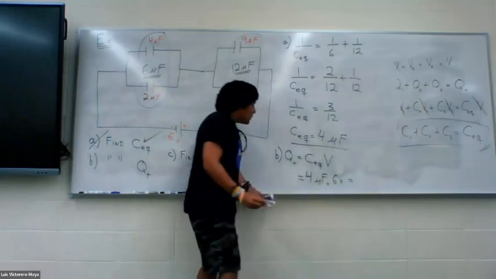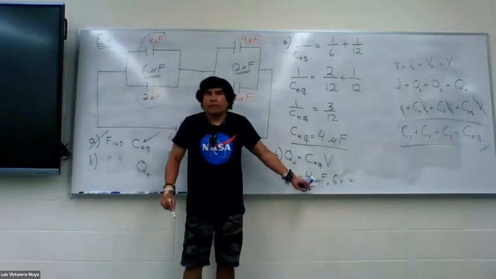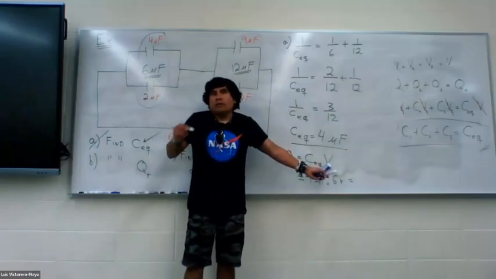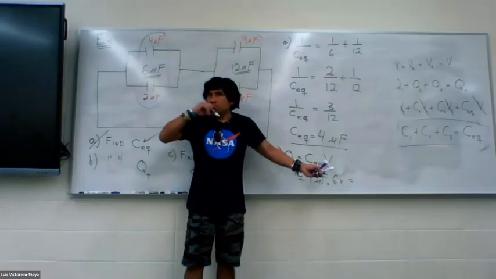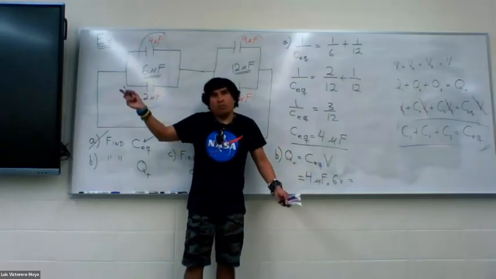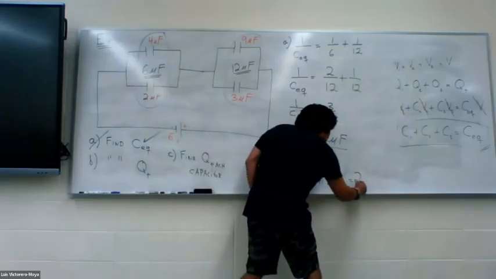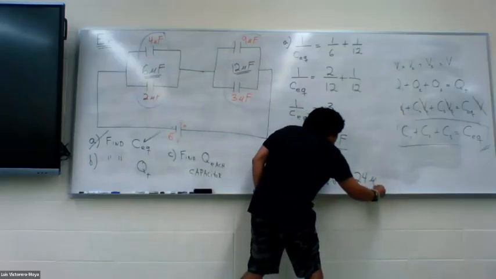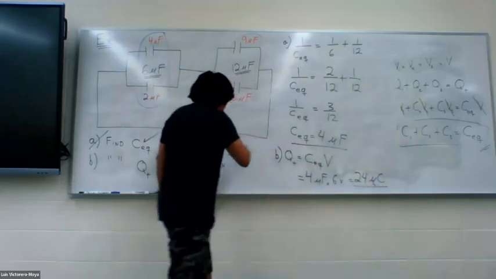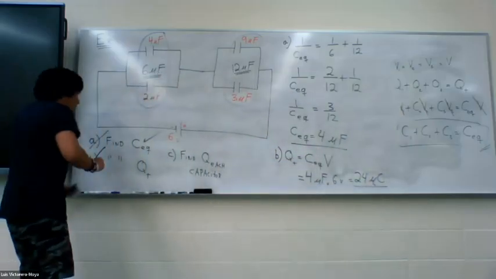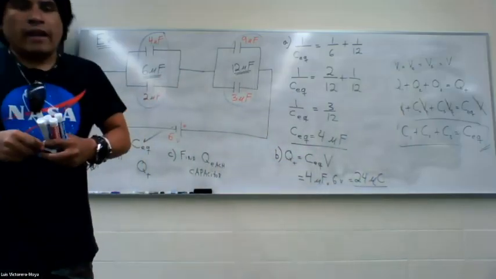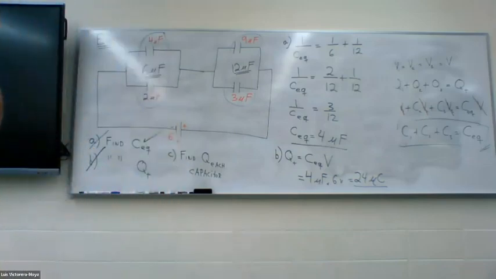All right. If you multiply a microfarad times 1 volt, the answer will be microcoulombs. 4 times 6, 24 microcoulombs. And that's the answer for B. You see, very easy to find the equivalent capacitance and to find the charge on the circuit. Those two questions should actually be pretty straightforward.